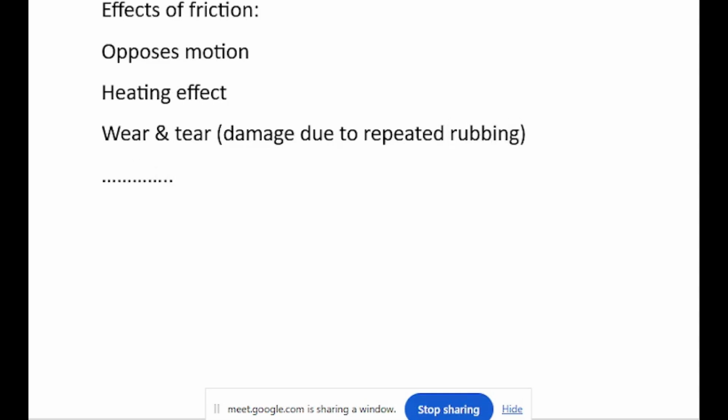And the three types of friction: static, sliding and rolling.